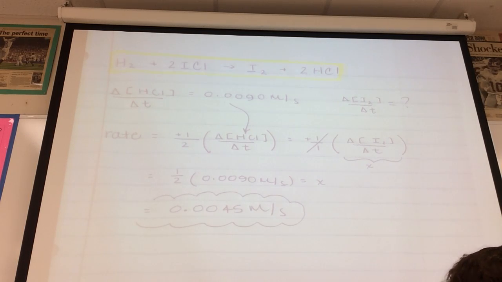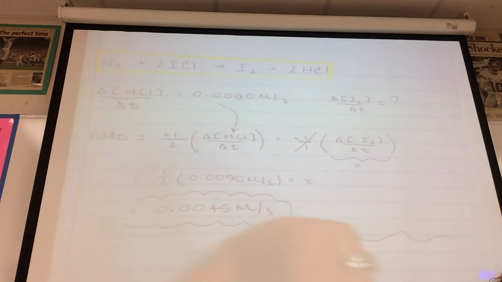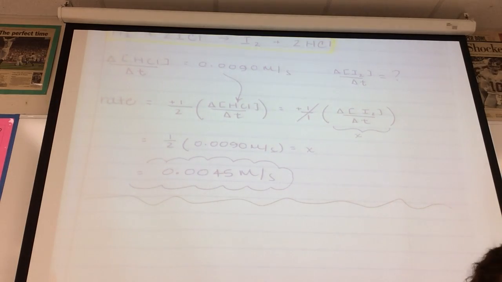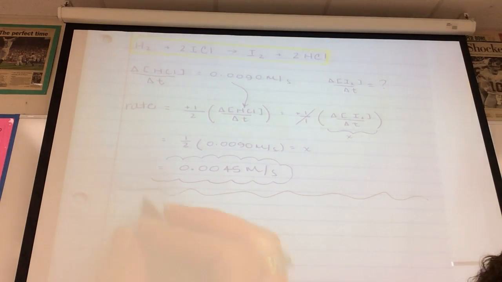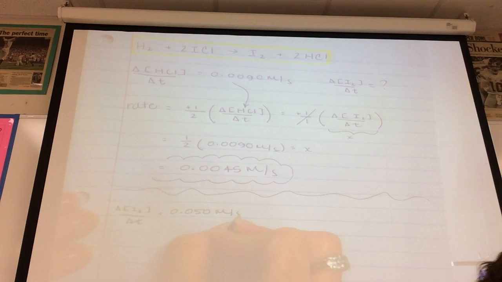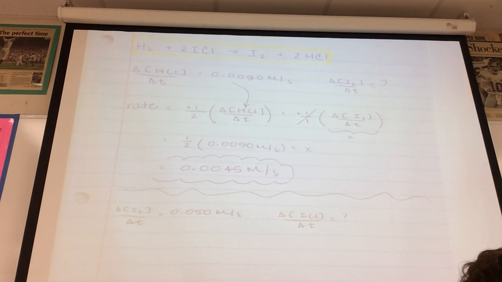It says if the rate at which iodine forms is 0.050 molar per second, we want to know the rate of disappearance of the other substance.